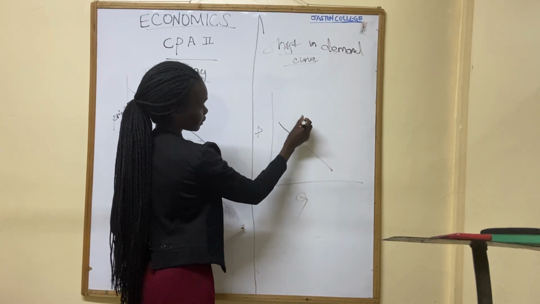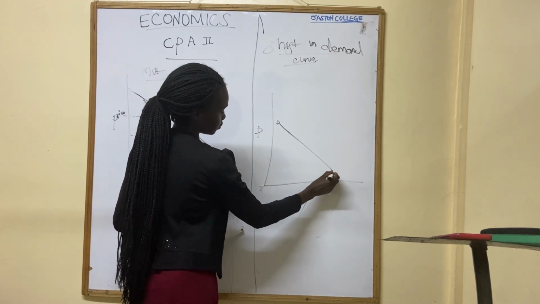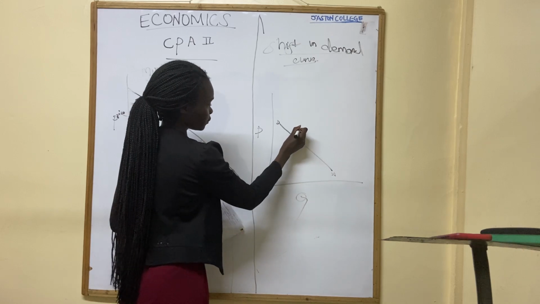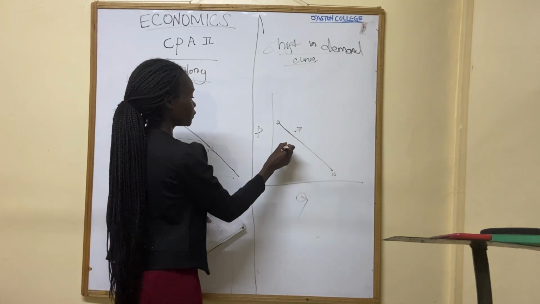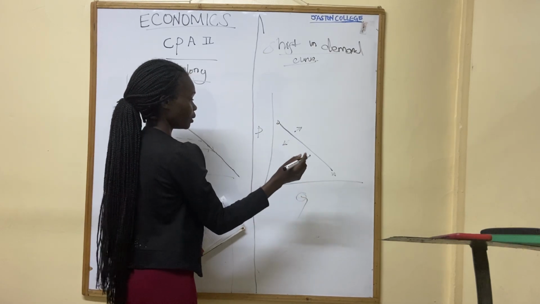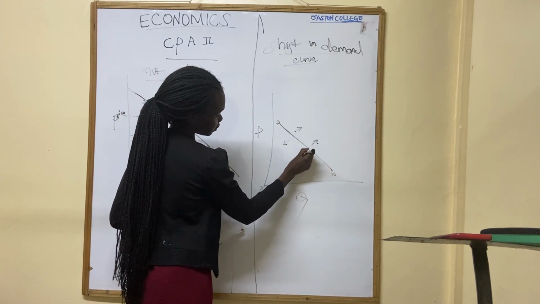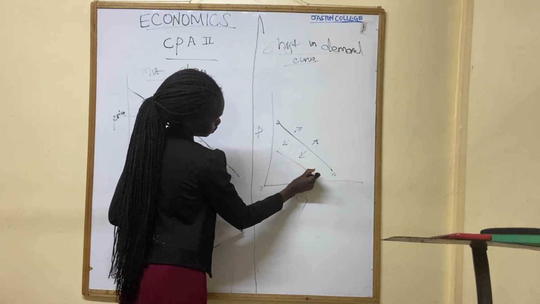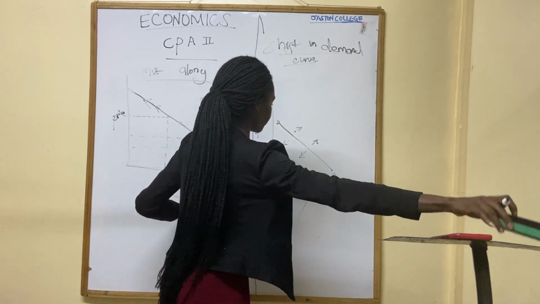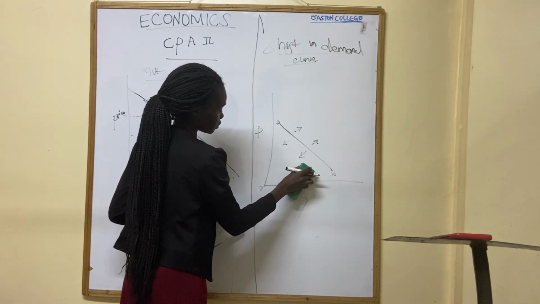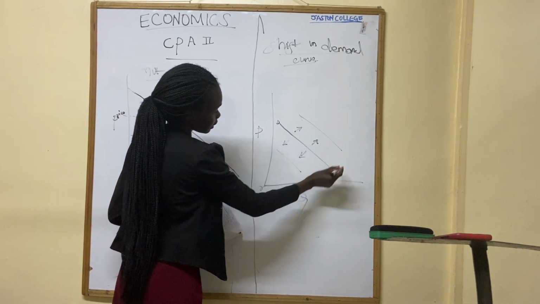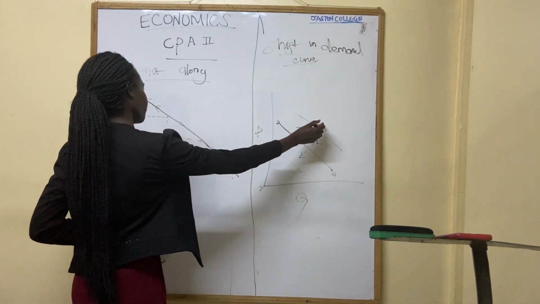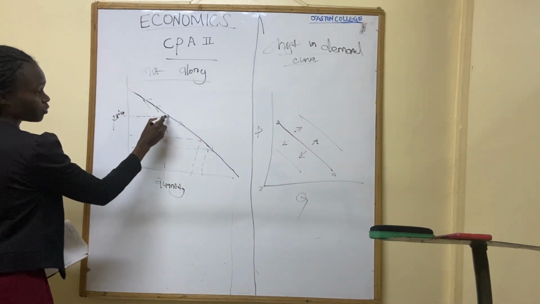This is a demand curve. A shift is when the curve shifts either from right to left or left to right. It's this way and this way. This is a shift, and this is movement along.